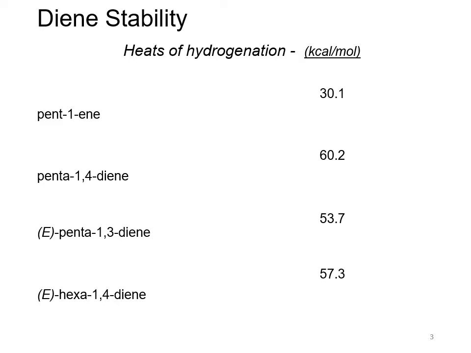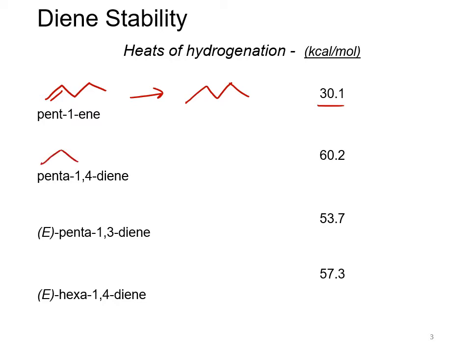So how stable are these? Well, to look at that, let's look at the heat of hydrogenation. If you remember, the heat of hydrogenation is the amount of heat given off when you hydrogenate a double bond and convert it to an alkane. So if we look at pent-1-ene, when we hydrogenate that to pentane, we get off 30.1 kilocalories per mole of energy.